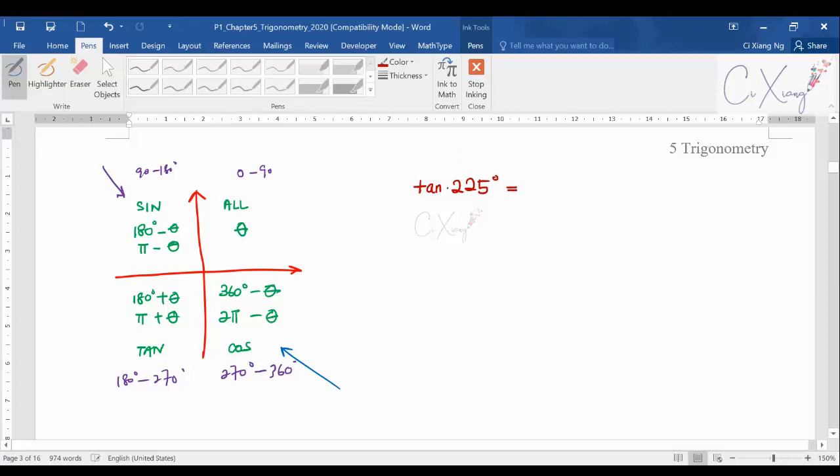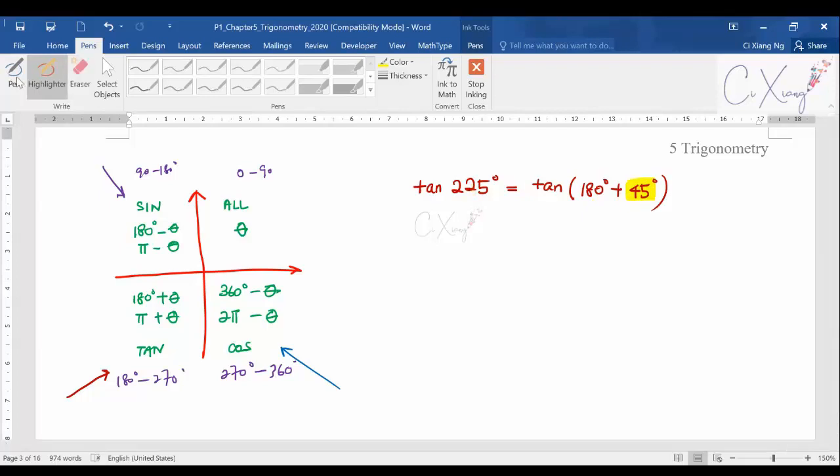Okay, so 225 is in what quadrant? Should be third quadrant, right? Between 180 to 270. So when you want to write out the label of the angle, it should be 180 plus 45. So your theta is 45 here. So 45 is your basic angle, right? So 180 plus 45 to get 225.